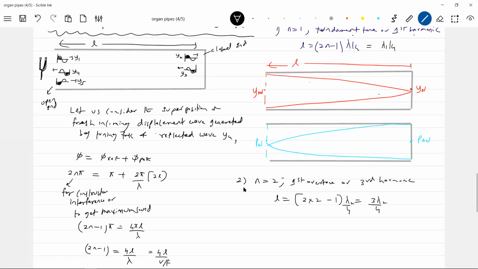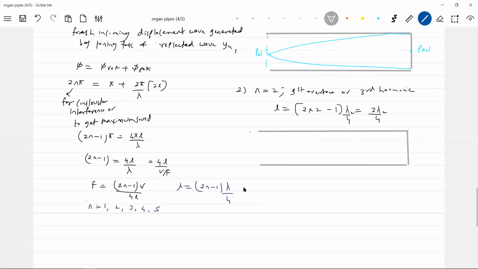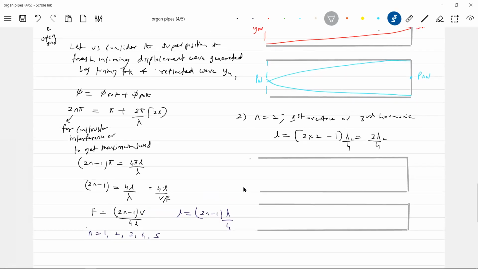So now what will we get? We'll have the same pipe, no? Now what will be the diagram? The displacement node. So one full loop, sorry, one half loop.